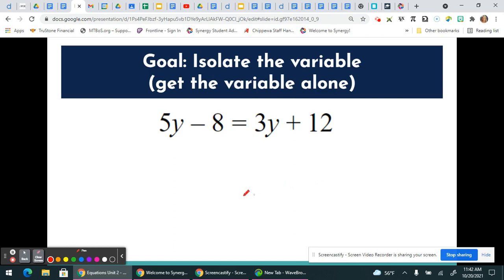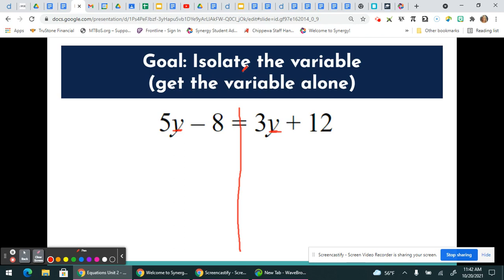So our first step is going to be the same that we've been doing. We're going to find our equal side and put our line in. So there's my line. Now what you notice is that there's 5 y's on the left and 3 y's on the right. Well, it's really hard to get the y alone if there's y's on both sides. So we have to eliminate.